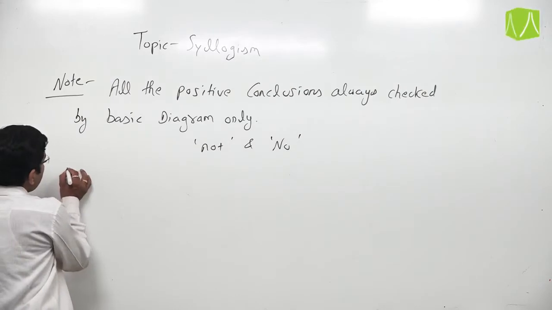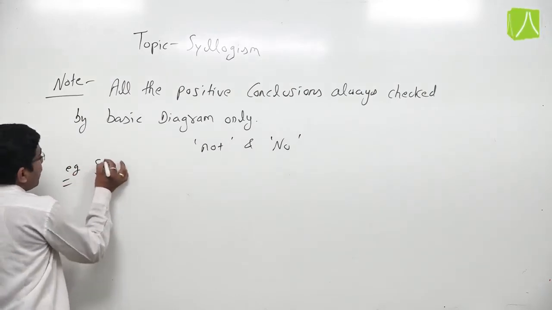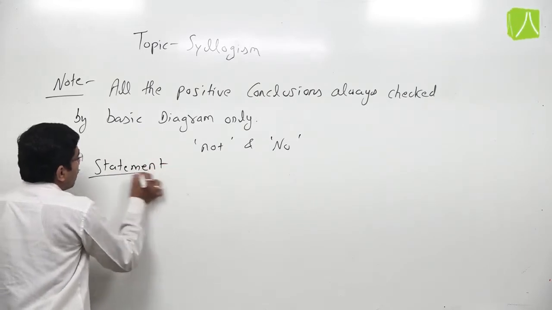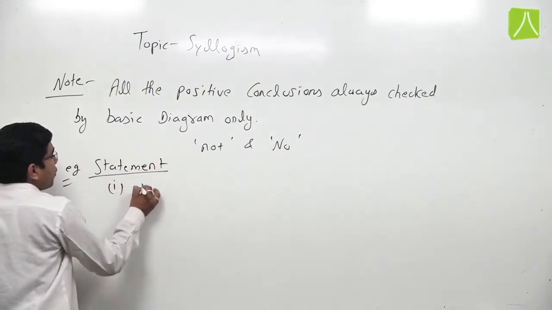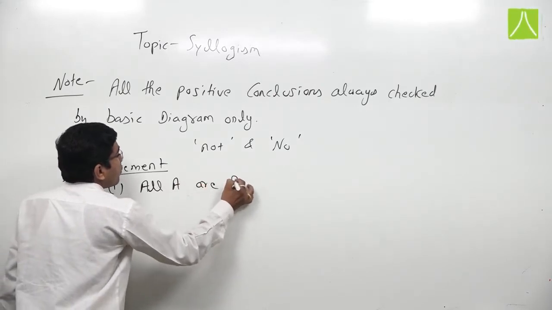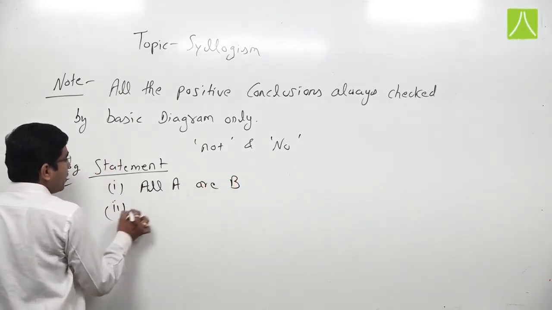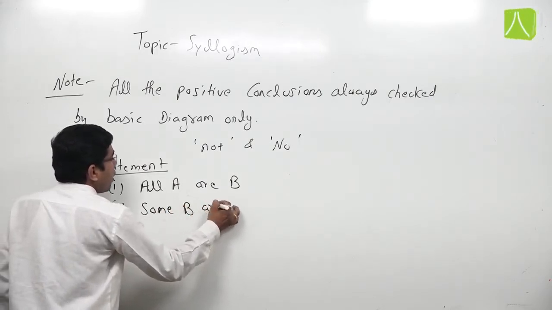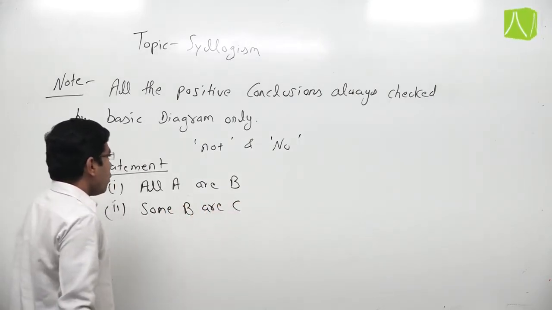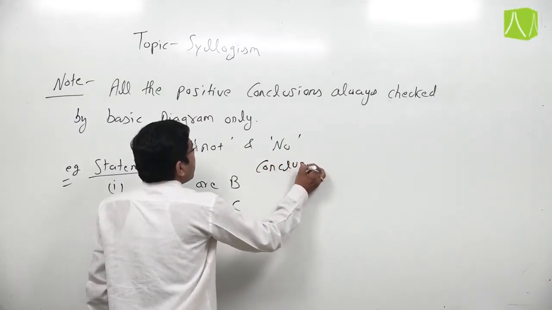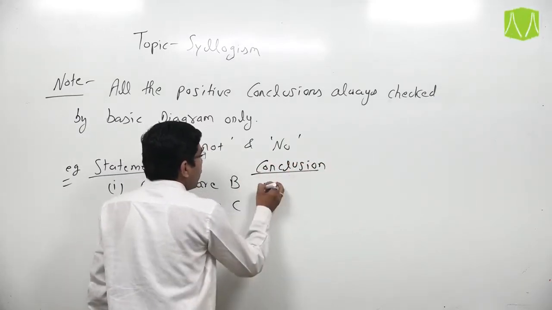For example, suppose a statement is given: all A are B, and second statement is some B are C. Now according to these statements we have to check the conclusions.